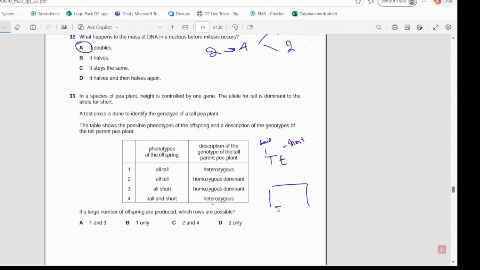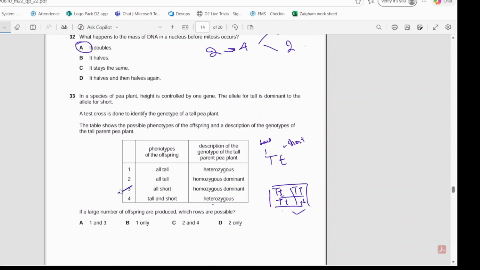So if a test cross is there, it would be T, T, T, and T, T, and T. So they would have tall heterozygous as well, and short as well.